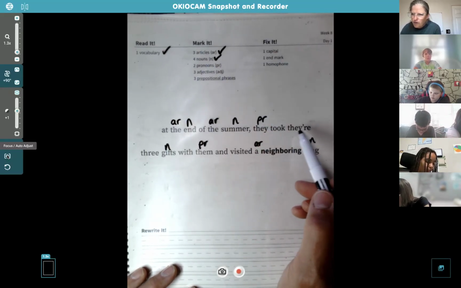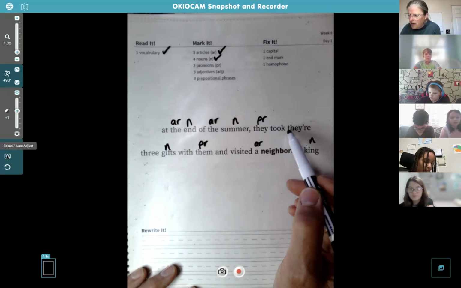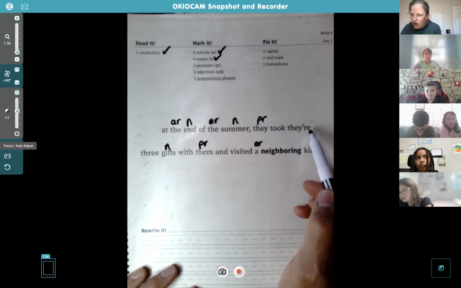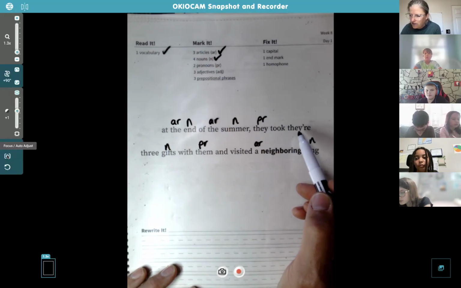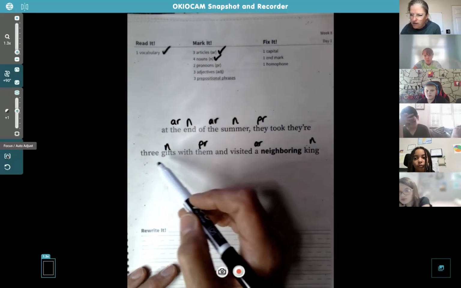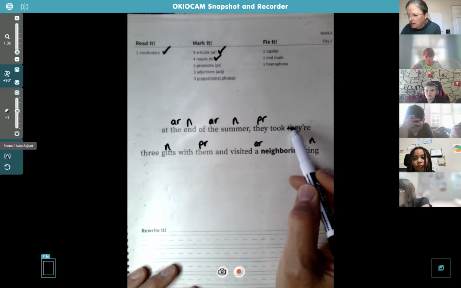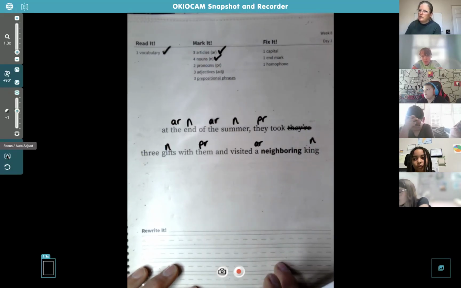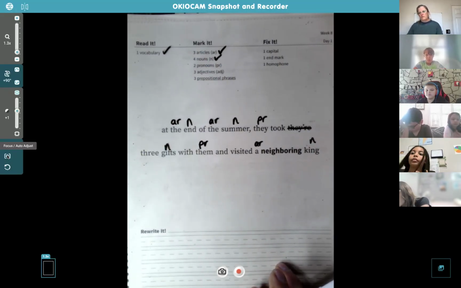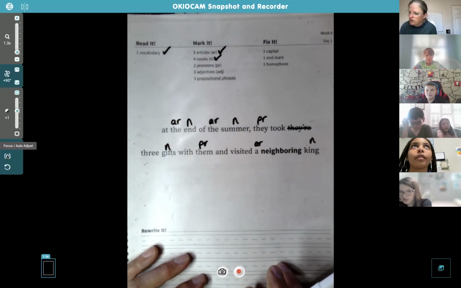And then there's this word here, there. This actually means they are. And that doesn't work in this sentence because it would say, took they are three gifts. That doesn't make sense. So how can we spell that? That's a homophone. So Eris, do you know how to spell there?